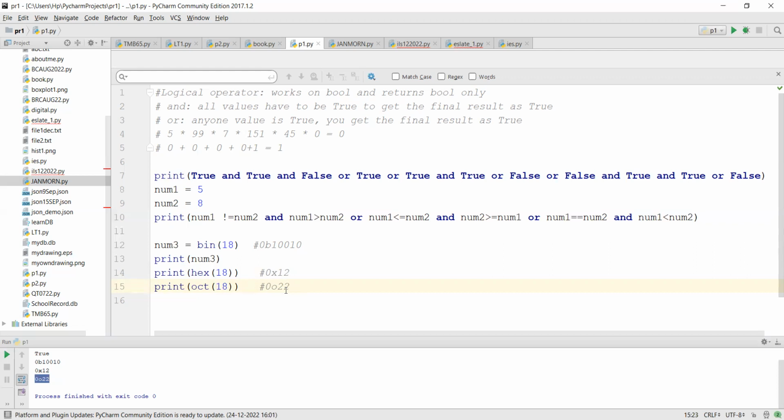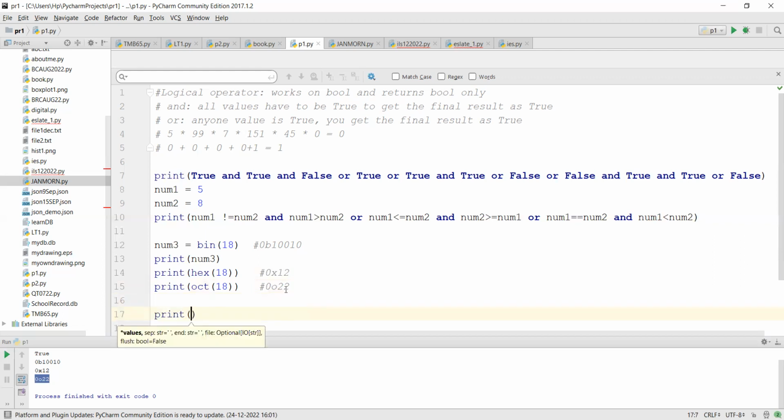Clear? So this indicates different number systems, right? Now let's say I have a binary and I want to convert it into hexa. Of course you can do it. So first, how do you know it is binary?